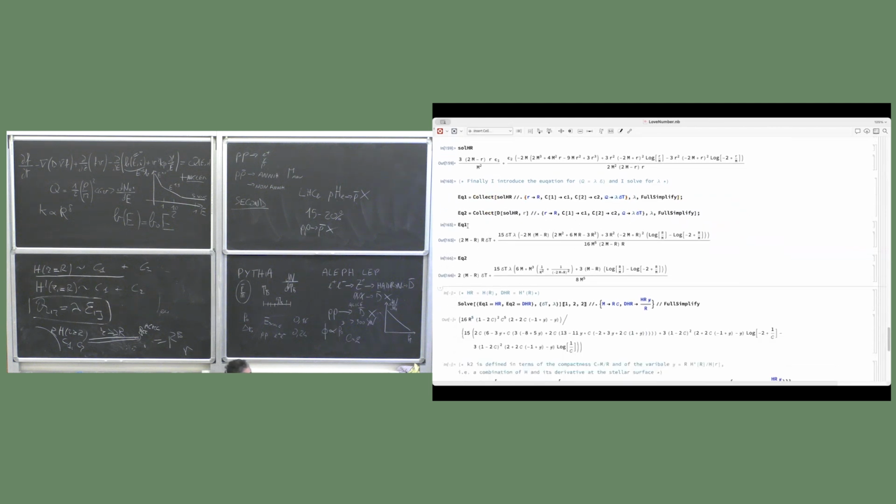Now basically equation 1 and equation 2 tell me that I have two equations which are fully fixed. So I basically have a function evaluated at the radius and its derivative, which are proportional to the tidal deformability, and then they depend on R and the mass of the star.